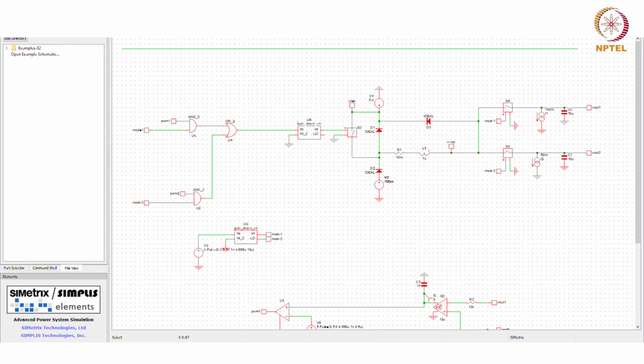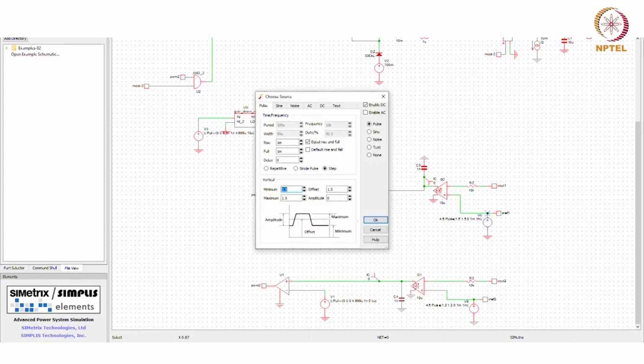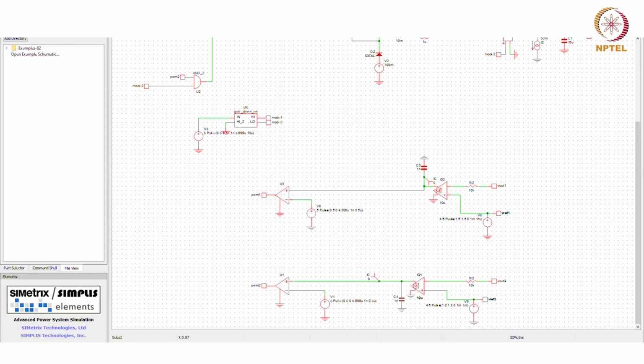So let's see. Let me remove this one first. So 3.6 volt, and output I am regulating at 1.5 and 1.2.